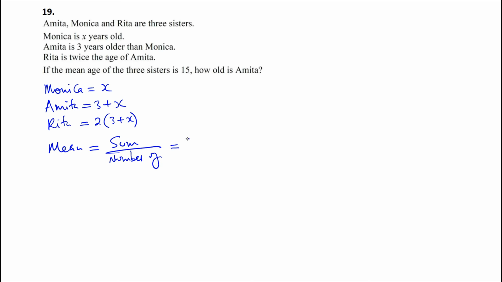So that will be x plus x plus 3 plus, by the way, this simplifies to 6 plus 2x, so 6 plus 2x over, these are 3 people, so 3. And the mean for the 3 sisters is 15.